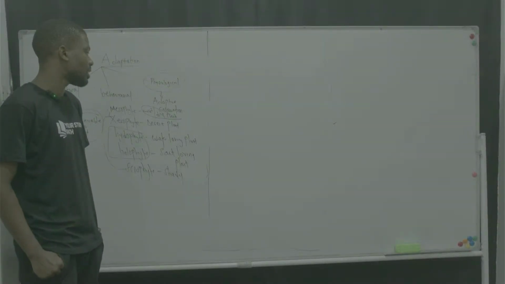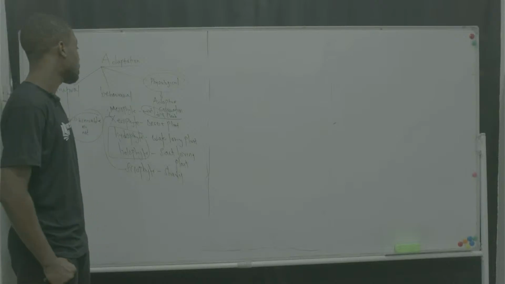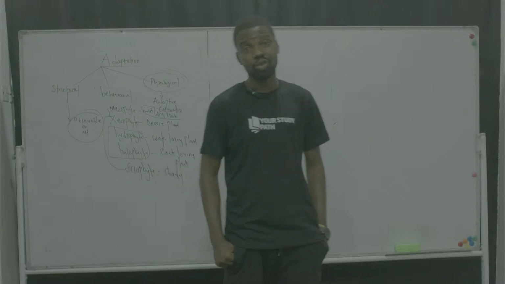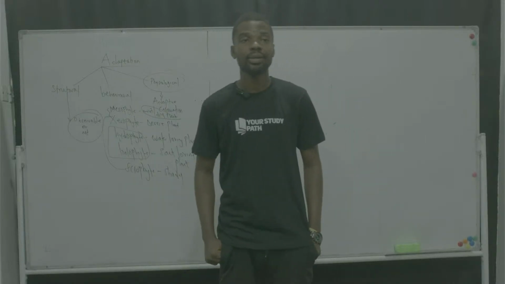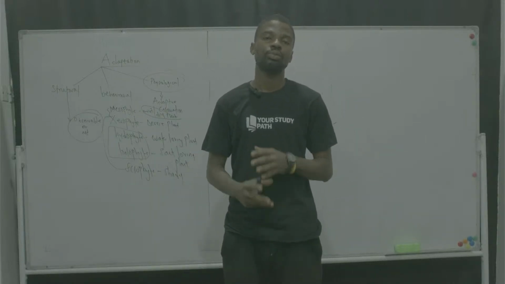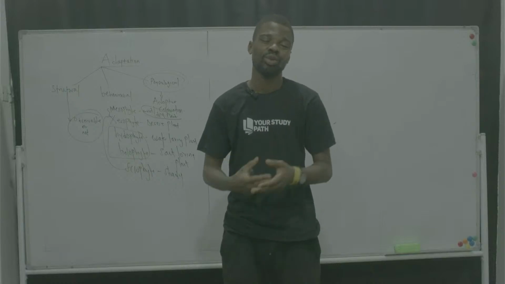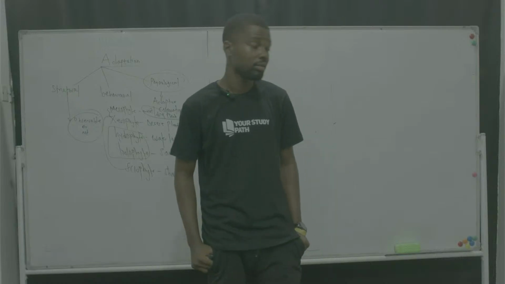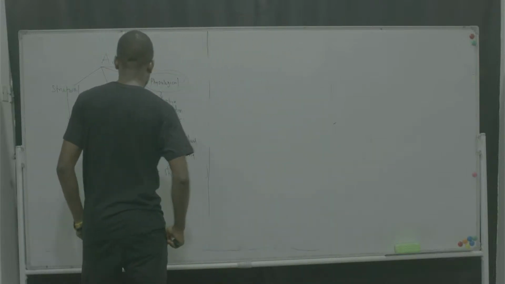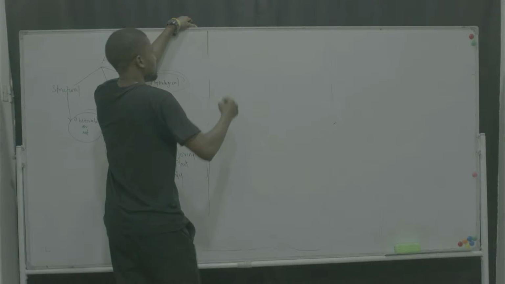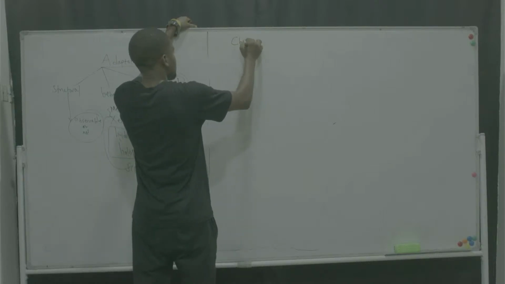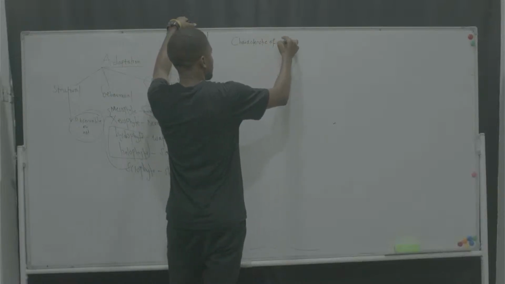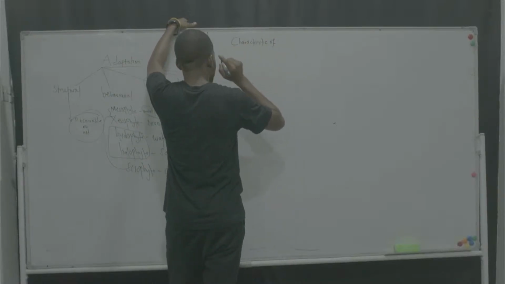Now the next thing they expect you to know is what characteristics you are going to tell us about. So I'll group them in a way for you to understand. The major characteristics you're supposed to put in your head as a student, whether you write JAMB or WAEC or any other good exam. Let's talk about the characteristics of, remember we're dealing with structural adaptation in plants now.